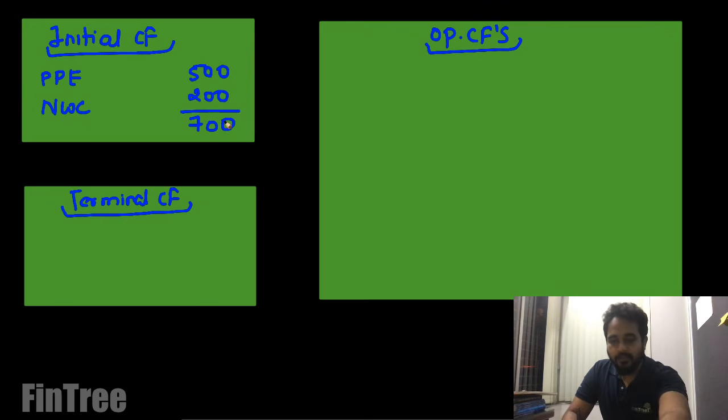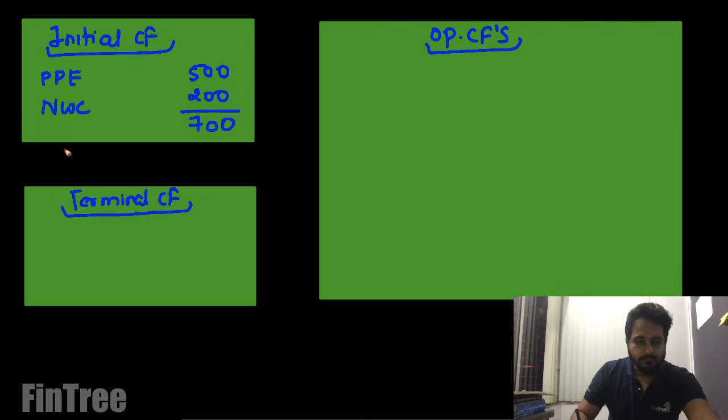Now here's your first trick for the day. This net working capital item is always a tricky one. Why? Because when I'm starting a business, I will keep some cash with myself, which I will generally rotate, convert cash into inventory into accounts receivable to cash again, right?